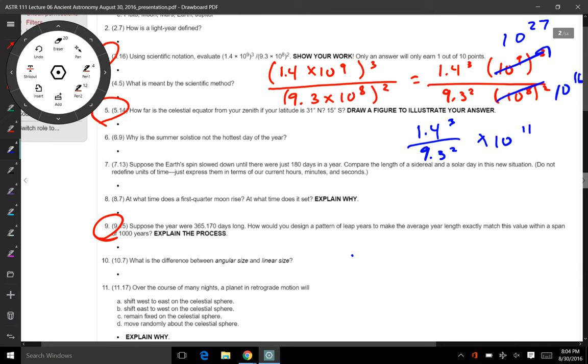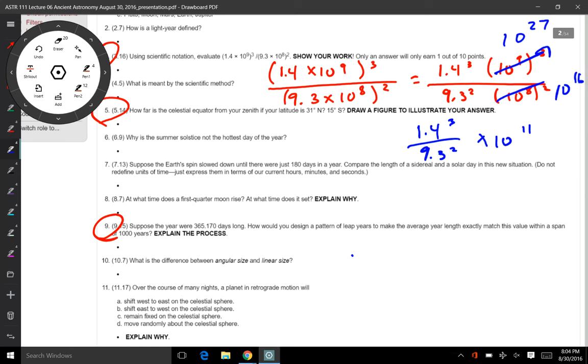Now I need to get out the calculator and see what 1.4 cubed divided by 9.3 squared is. And I'll have that number times 10 to the 11. Now that number is going to be less than 1. So somebody go ahead and calculate. Let's just get the answer.